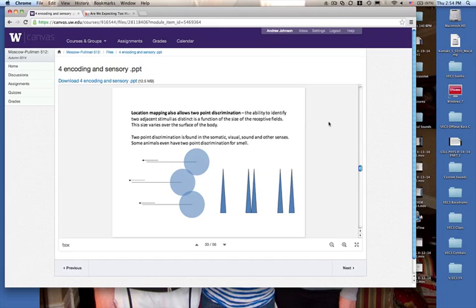This is very small for our fingertips. It's very large for something like our back. Our back is like 5 centimeters, so with 2 points, you wouldn't tell that they are 2 separate stimuli. You would detect it as a single stimulus.